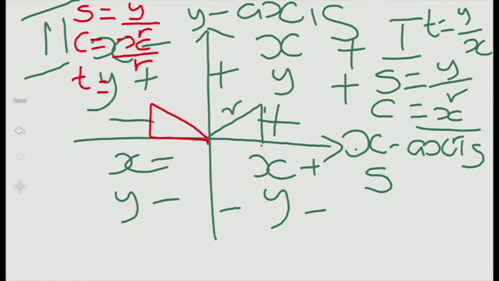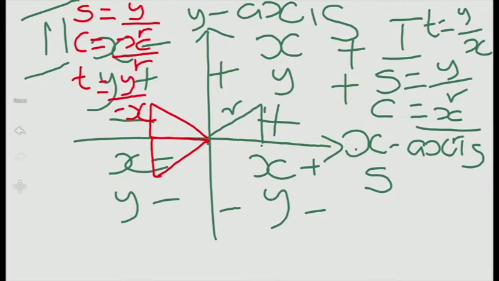Tangent is opposite over adjacent. The opposite here is the change in y, which is positive, and the change in x, which is our adjacent, is negative. So from this we get that for trigonometric ratios of angles in the second quadrant, the sine is positive, the cosine is negative, the tangent is negative.